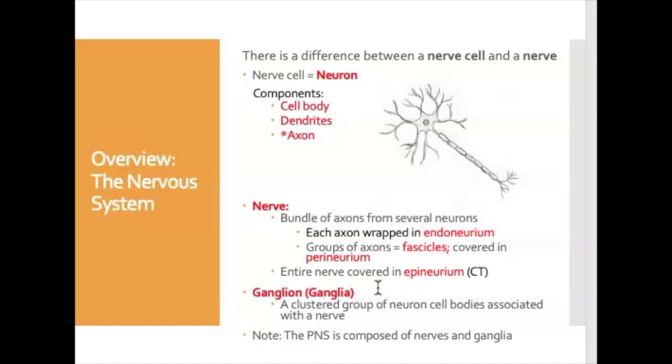And of course, they are associated with a nerve because the axons are attached to these neuron cell bodies. So when we think about nervous tissue in the peripheral nervous system, it's composed of nerves and ganglia. It's just that within the nerves, within the ganglia, we can describe individual cells, nerve cells or neurons.